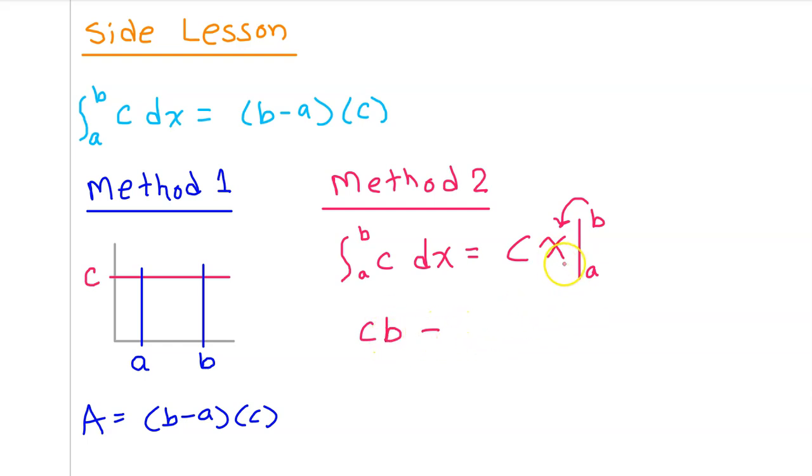And then minus plug in the bottom, and plugging in a for x gives us ca. But guess what? We have a common factor of c. So we could factor that out and get c times b minus a. Of course, this is the exact same thing as b minus a times c.